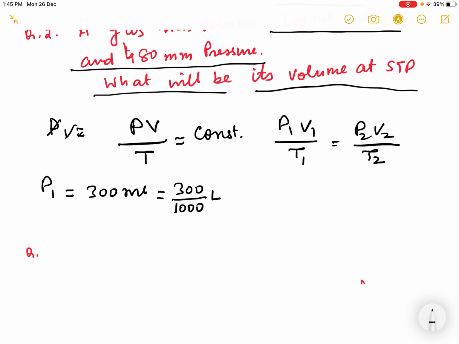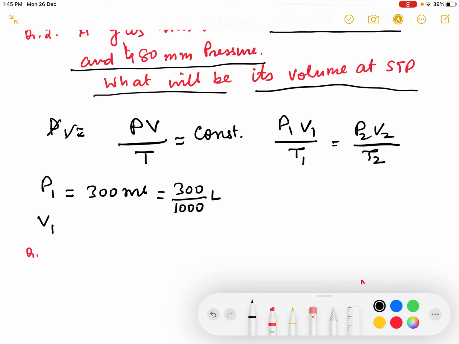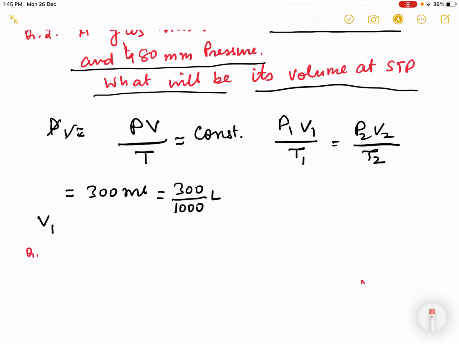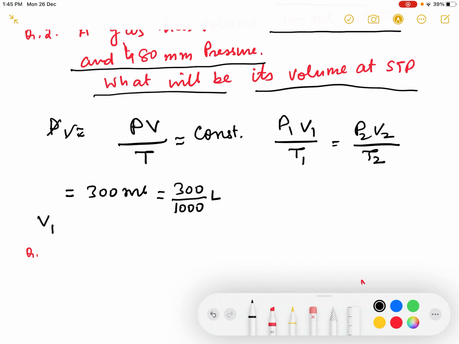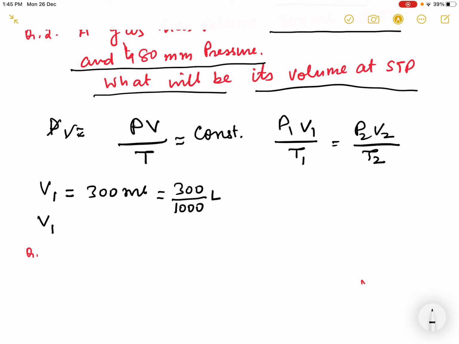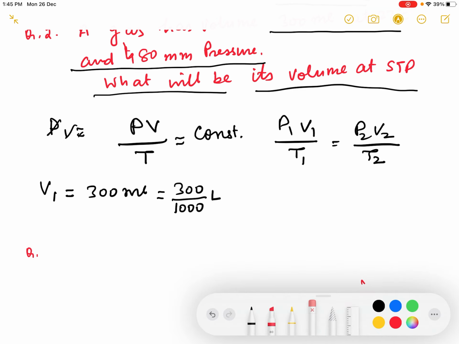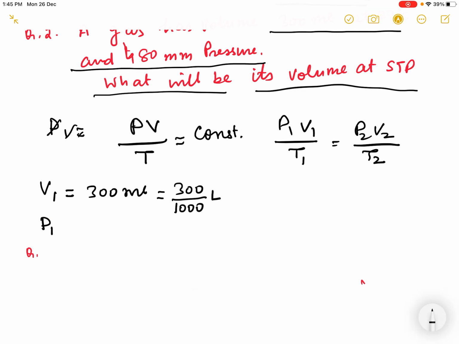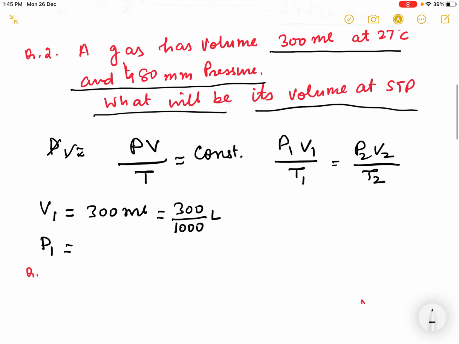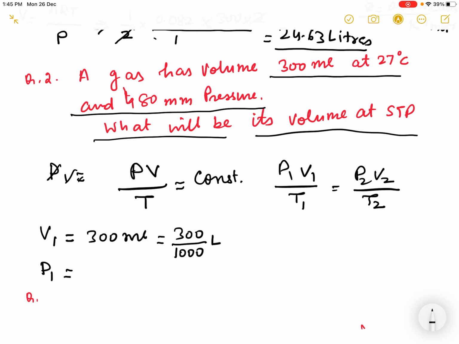And V1 is equal to 300 ml, and P1 is equal to 480 millimeter pressure.